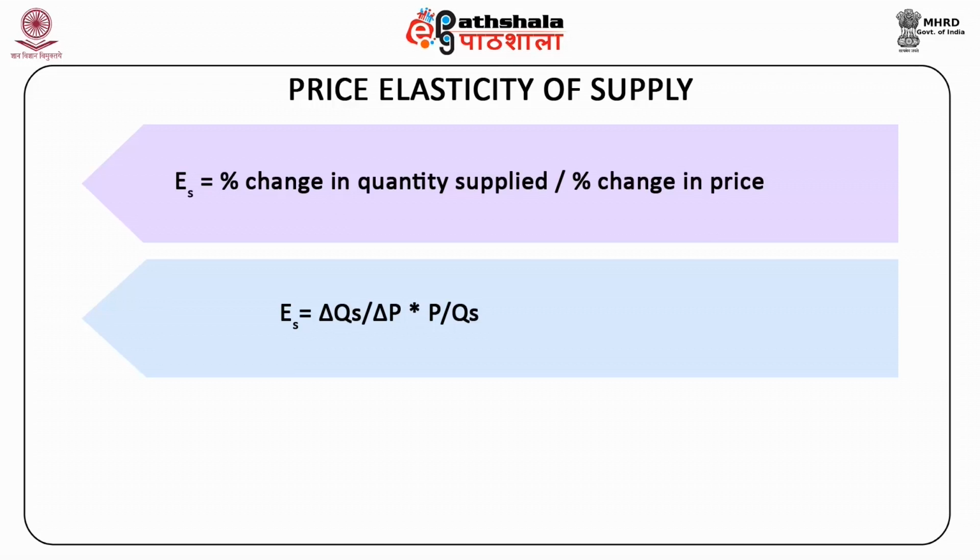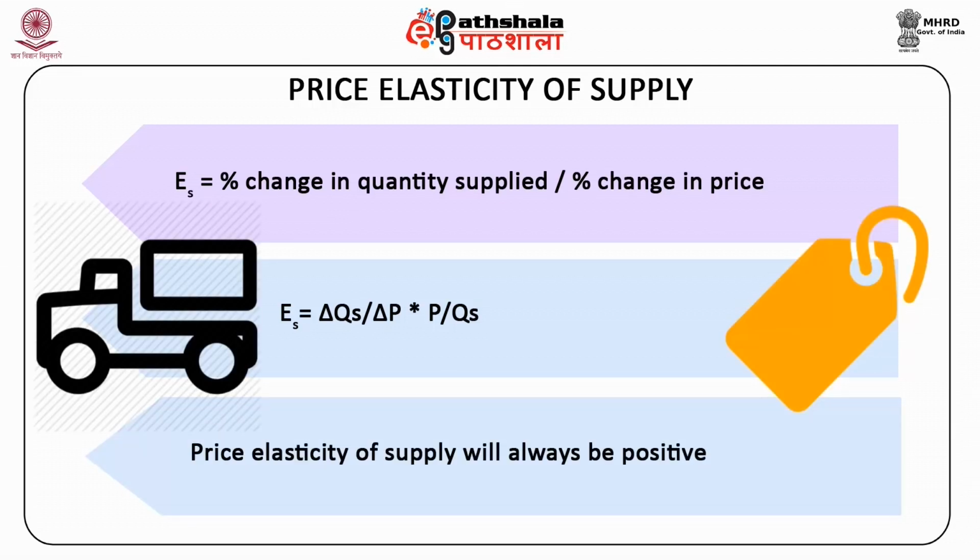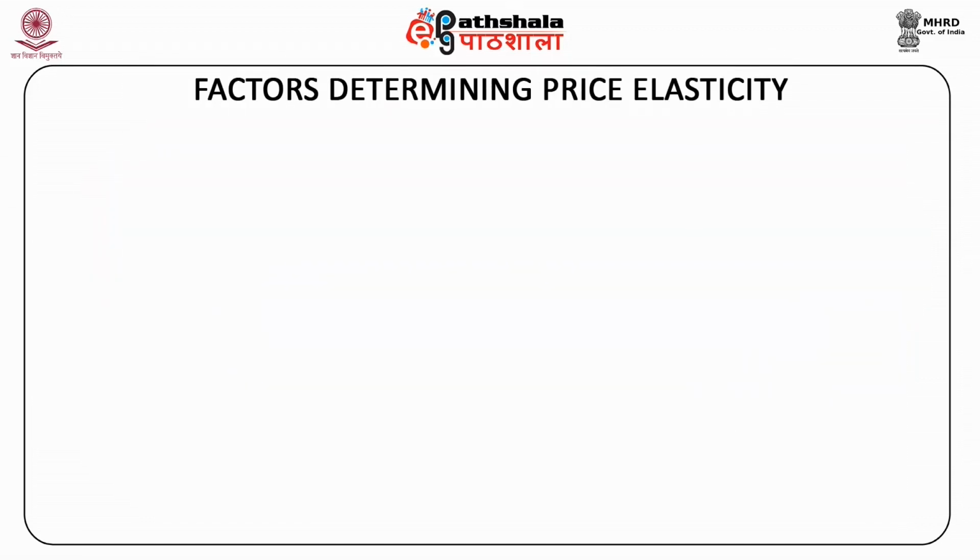Now, since there exists a direct relation between the price and quantity supplied of a product, as the price increases, the quantity supplied also increases. Therefore, the value of price elasticity of supply will always be positive. The factors that determine the price elasticity of supply are: 1.